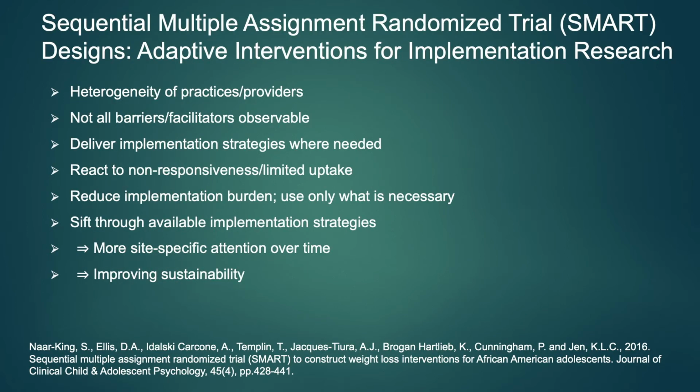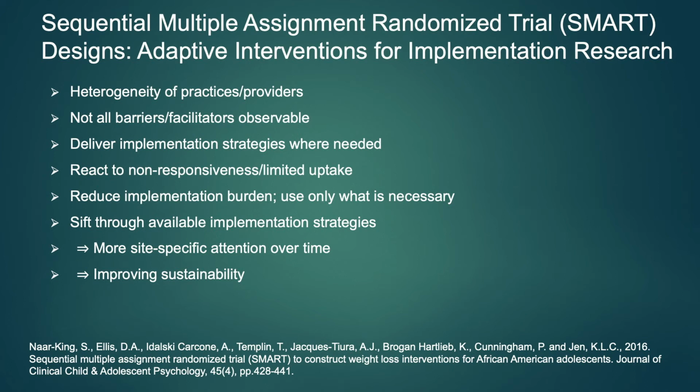There may be a number of considerations as you're thinking about adaptive designs and SMART trials. Heterogeneity of practices and providers, barriers and facilitators that may or may not be observable, delivering the implementation strategies where needed, reacting to non-responsive or limited uptake, reducing implementation burden, so testing and identifying only what's necessary, and sifting through available implementation strategies.